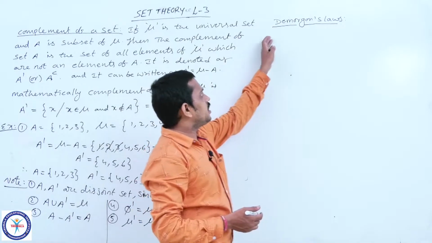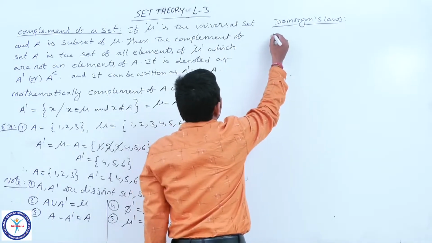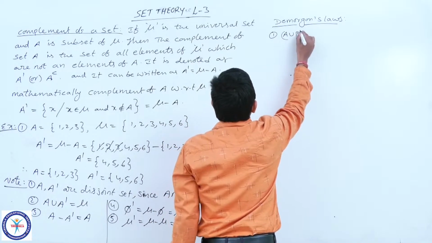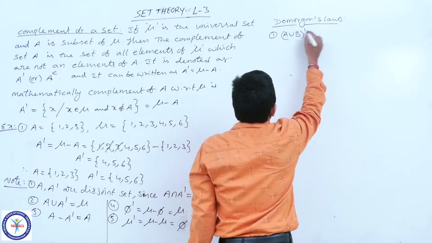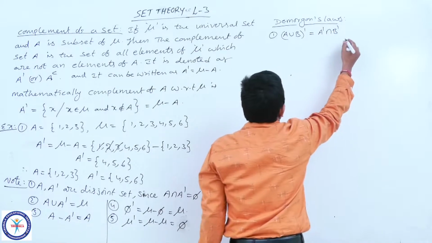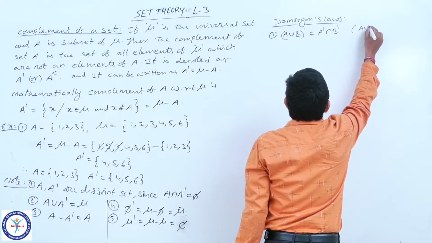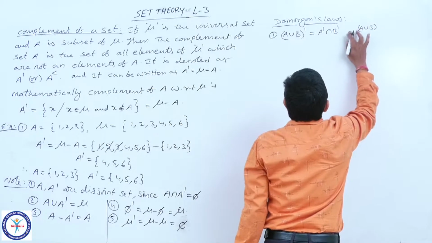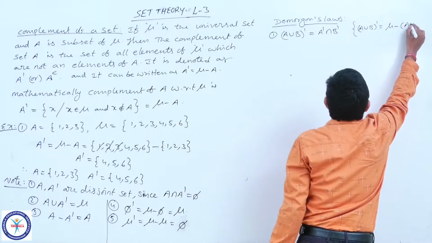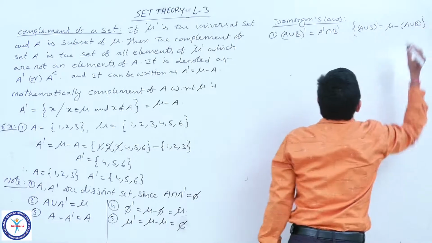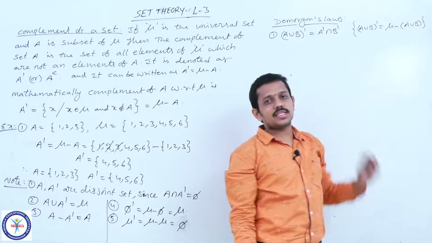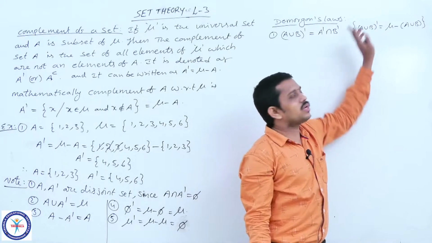Now we will see De Morgan's laws. Based on complements of two sets, A union B whole complement is nothing but A complement intersection B complement. Actually here A union B whole complement is equal to mu minus A union B. Means we exclude the elements of A union B from the universal set, which gives A union B whole complement.